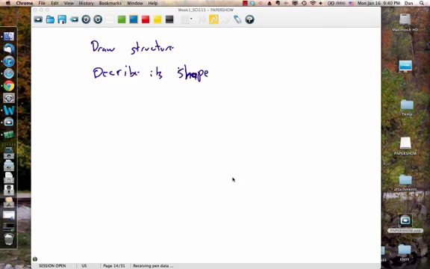Again, not the electron-electron geometry, but the actual shape of the molecule. And you should be able to discuss the likely bond angles associated with the molecule. All right.